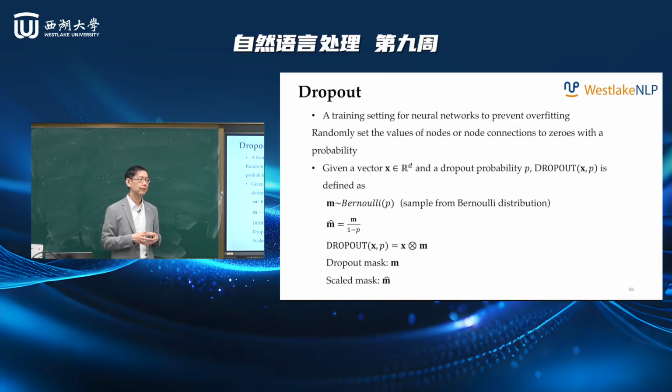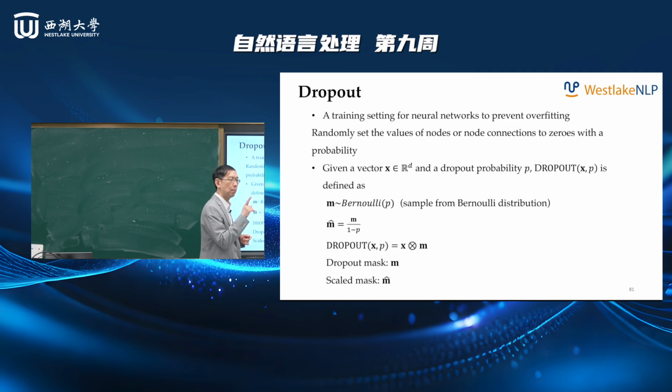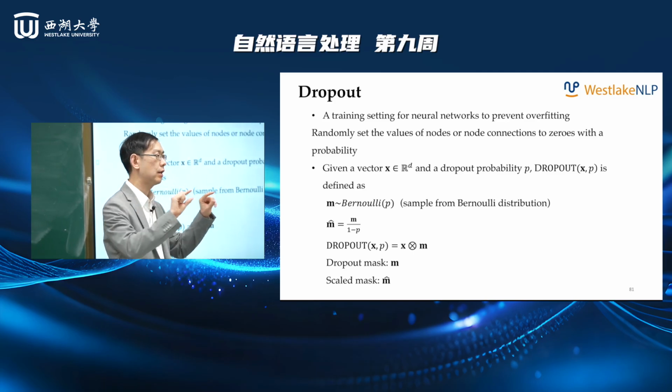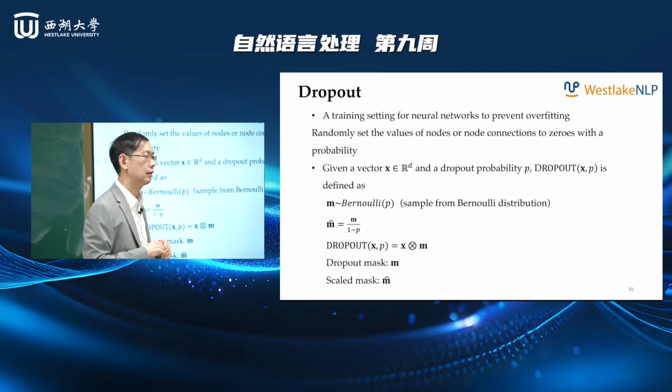How do I add noise to the input vectors? Dropout just randomly sets several bits to 0. Suppose your input vector for every word embedding has 1,000 elements.